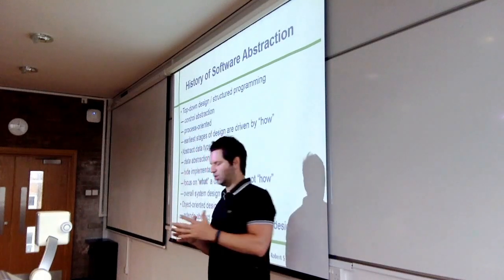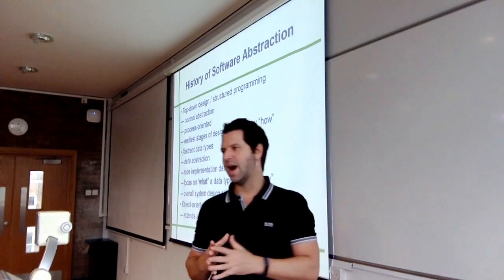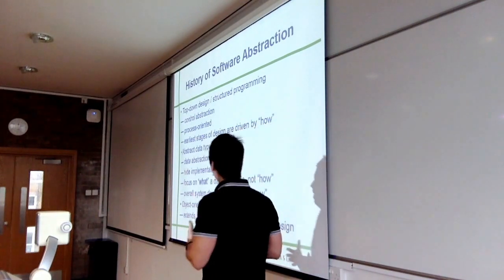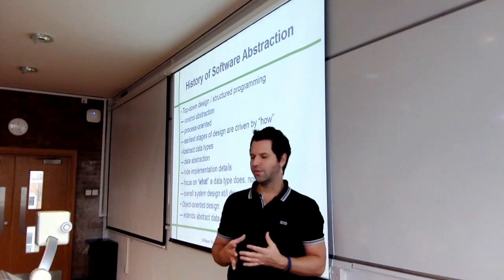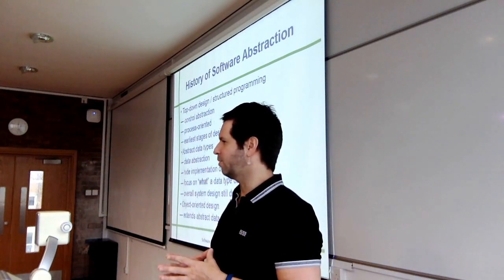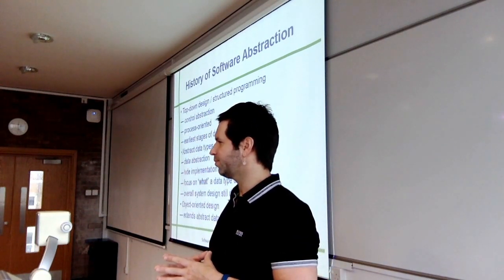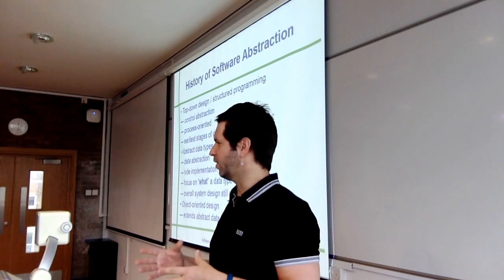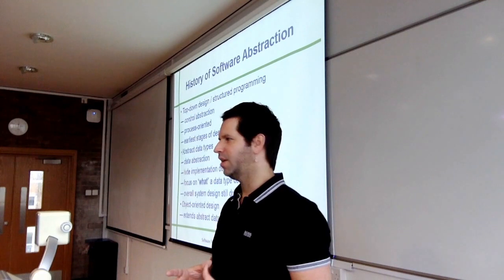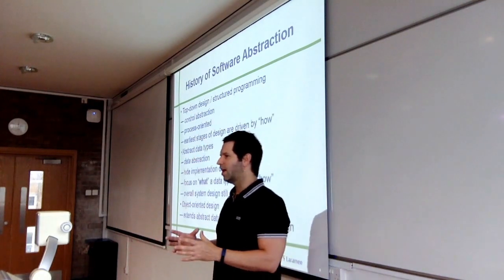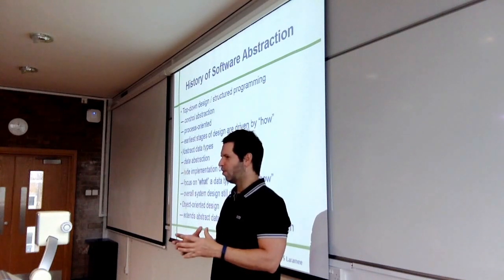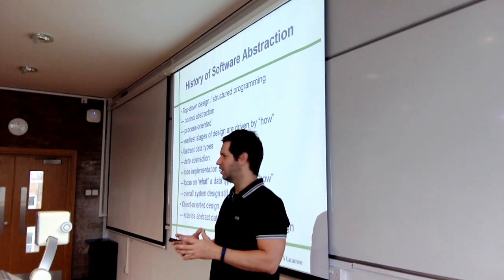I don't know what the reason is, but this is generally the way we think as people. The early stages of design are driven by how things work. And I like to use the analogy of a process-driven abstraction as like an assembly line. When you're building something on an assembly line, it starts at the beginning of the assembly line, it moves down the line, and then there are some operations or processes performed on that object, like building a TV.